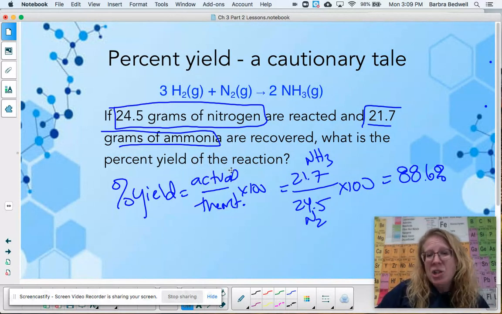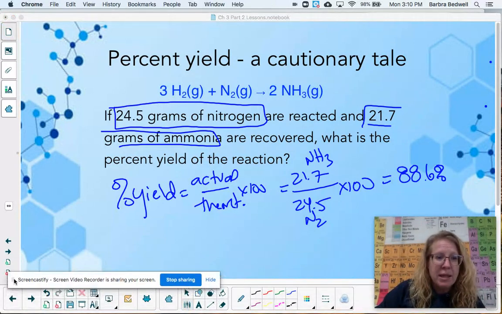When you're doing actual yield and theoretical yield, they both have to be the same product. In this case, there is only one product, but you could potentially have an equation with two different products, and your top and bottom numbers have to be the exact same compound. This is an important piece in doing these.